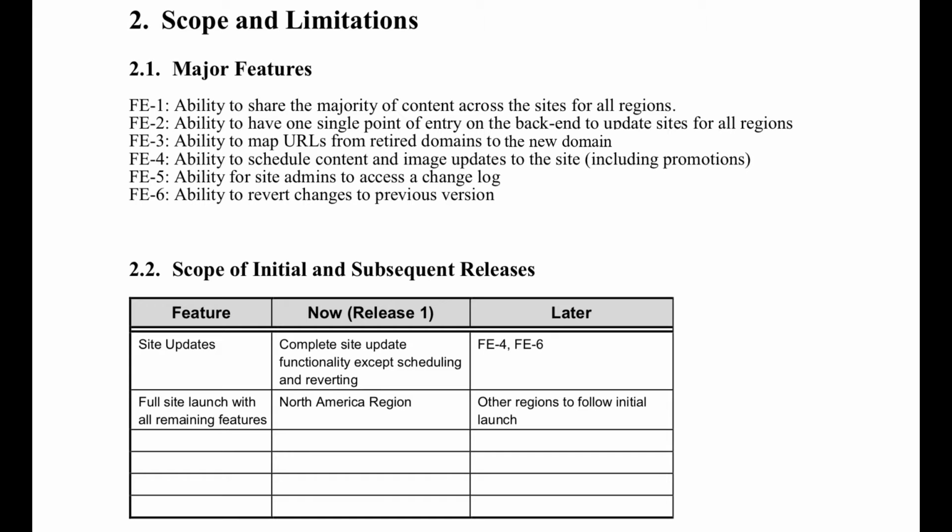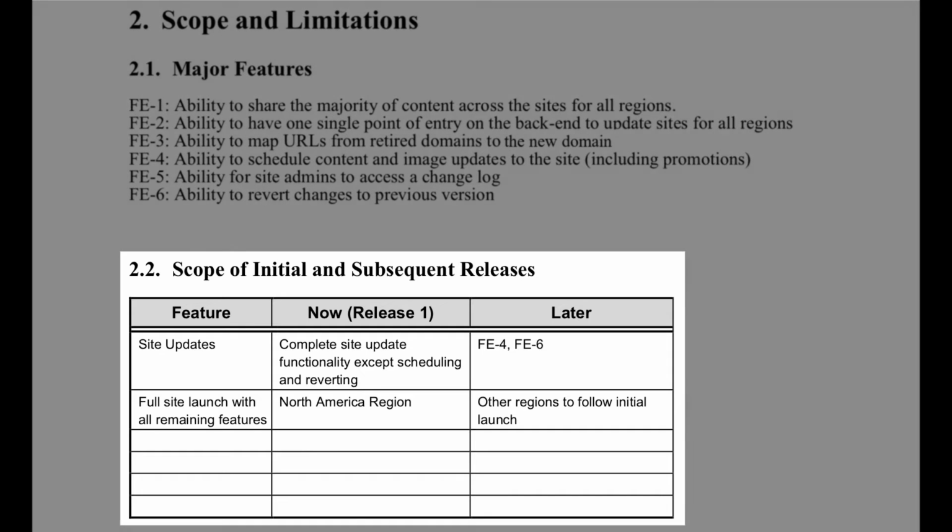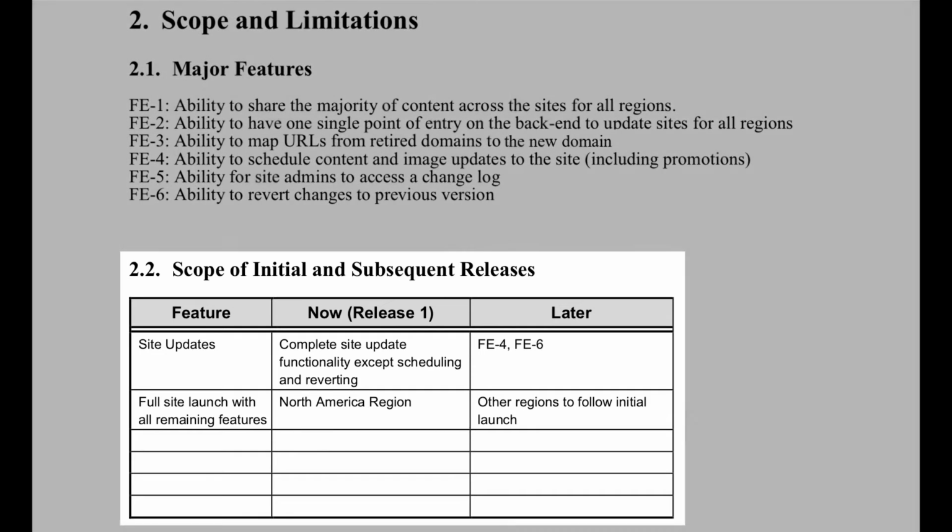So to me, I think it's great to have the flexibility and be able to document things in different ways that work for different project teams. What we're doing in this section is allowing the stakeholder to tell us what they feel are things that absolutely have to be included in the first release and things that can wait until a later release, if there are things that we just can't get done in the first release.